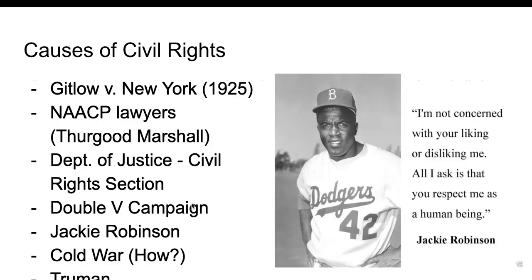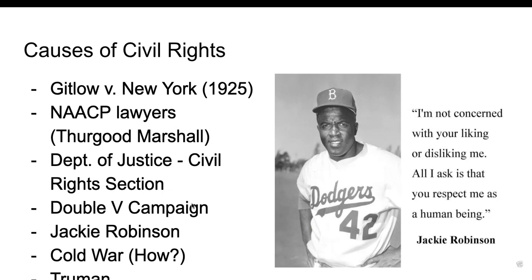And so this is going to be huge, because the 14th Amendment, which granted citizenship to all African Americans in the United States, and said that it is illegal to deny them those rights of citizenship, is now going to be applied to state law.